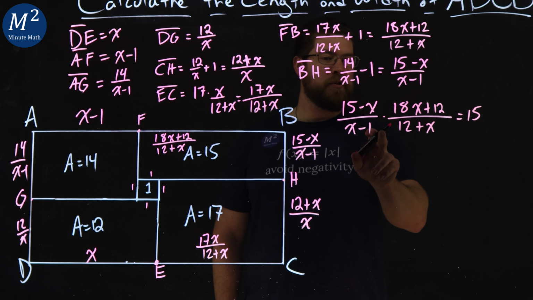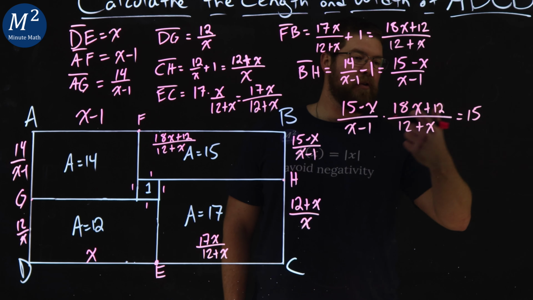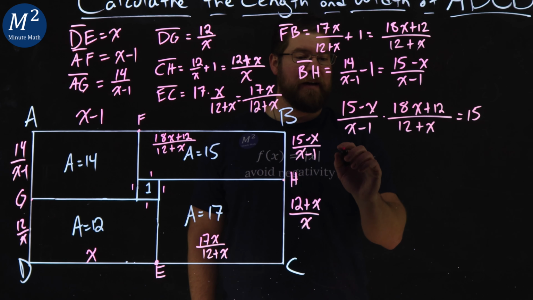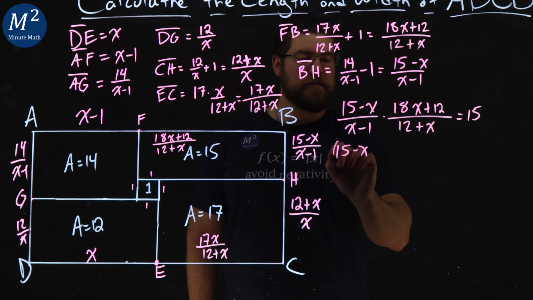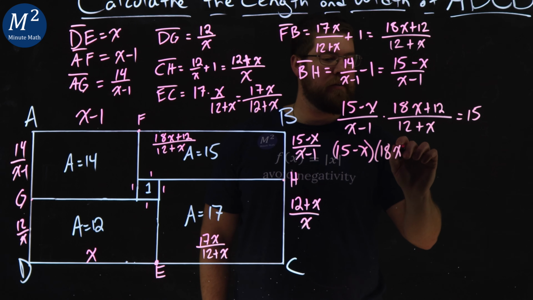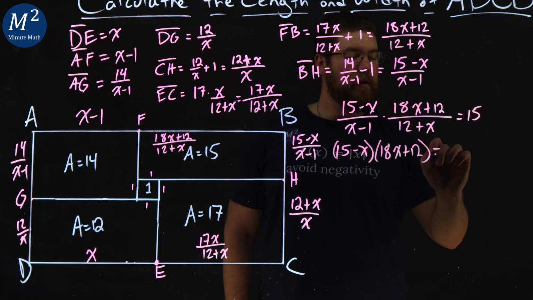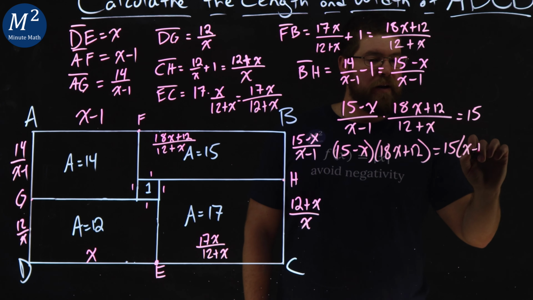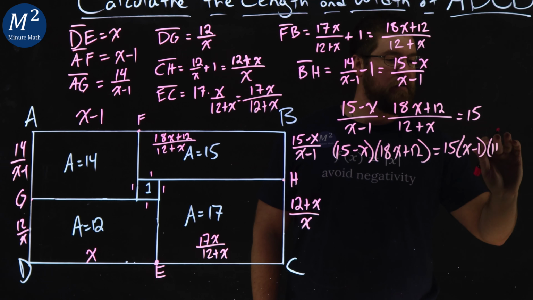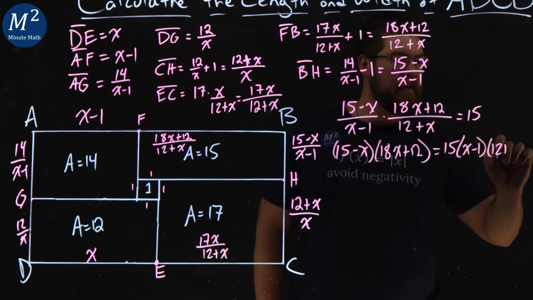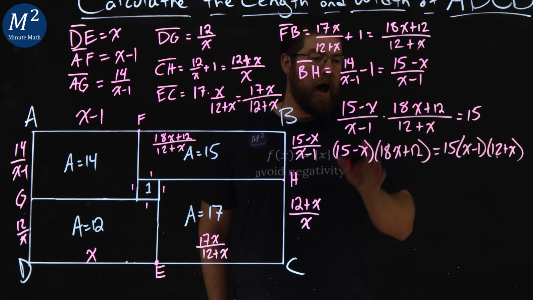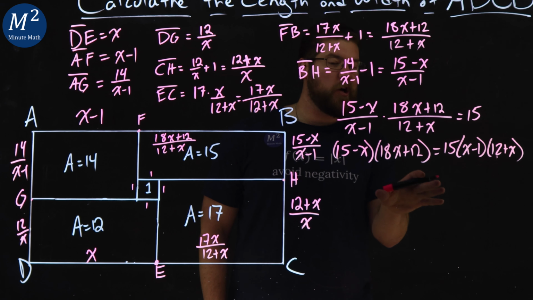From there, I'm going to bring this denominator over to the right hand side, and we have 15 minus x times 18x plus 12 equals 15 times x minus 1 and 12 plus x.